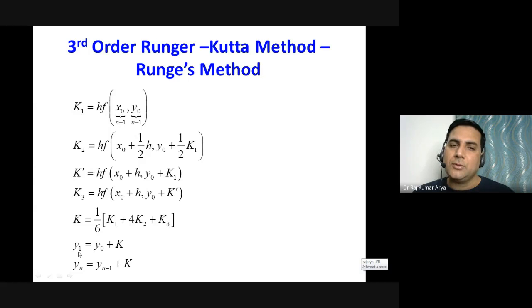You know Y naught, and now you calculate Y1, which is Y naught plus K. The general expression is yn equals yn minus 1 plus k. So n starts practically from 1; if you put 1 here, you are calculating y1 from y0. So this is Runge's method.